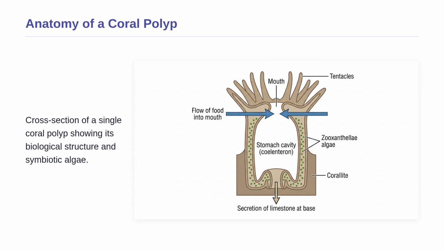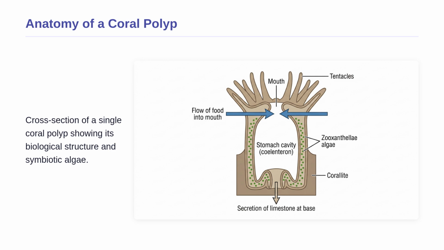Before we move on to the mathematics of coral growth, let us visualize the anatomy we just discussed. Here you are looking at a cross-section of a single coral polyp. Notice the tentacles at the top. These surround the mouth and are used to catch microscopic food from the water, which is then digested in the central stomach cavity.